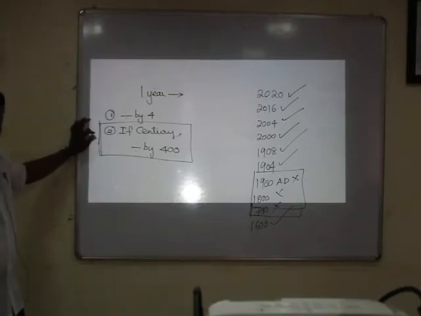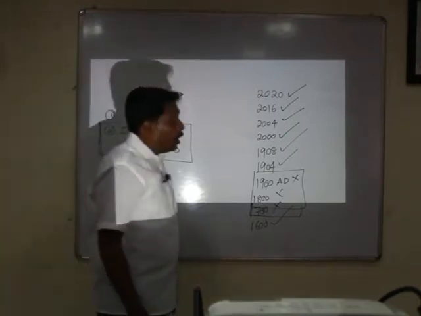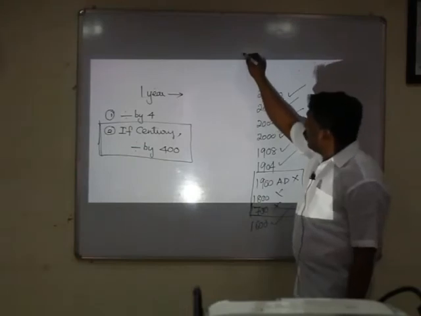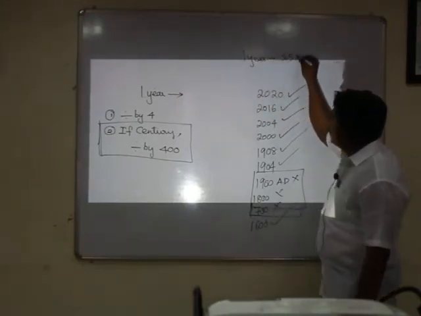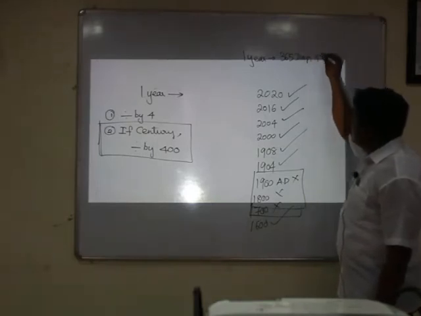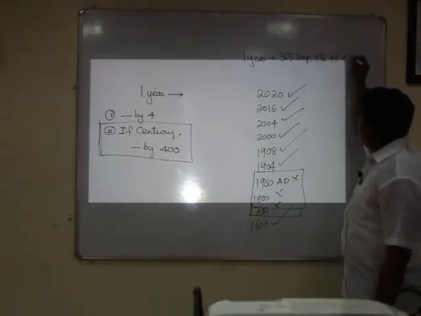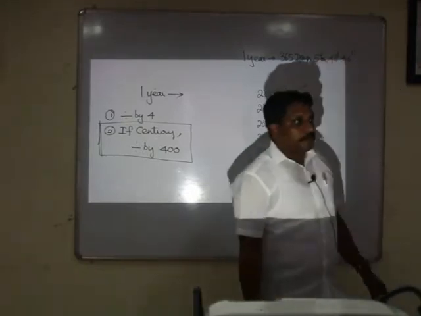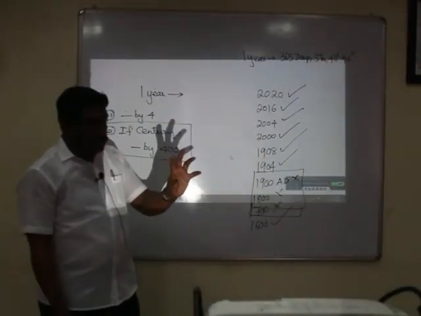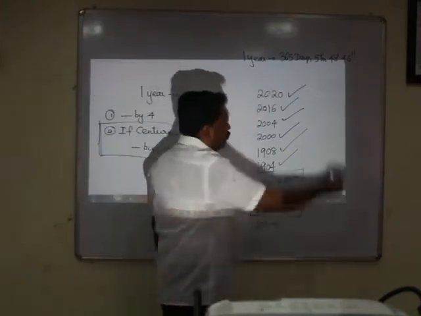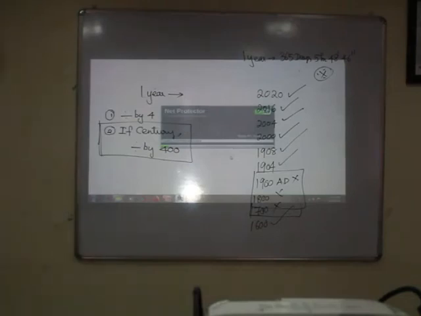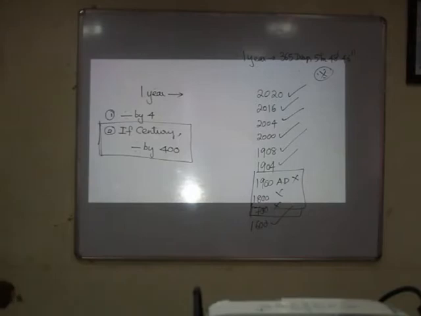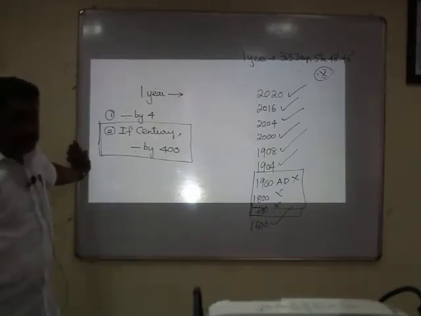If you precisely ask me how long is 1 year, my friend, it is 365 days, 5 hours, 48 minutes and 46 seconds. This is the time taken by Earth to complete one revolution. Very important. It's not 6 hours, my friend.